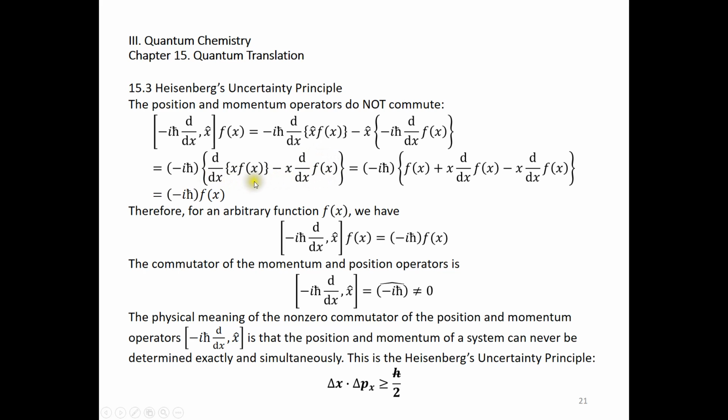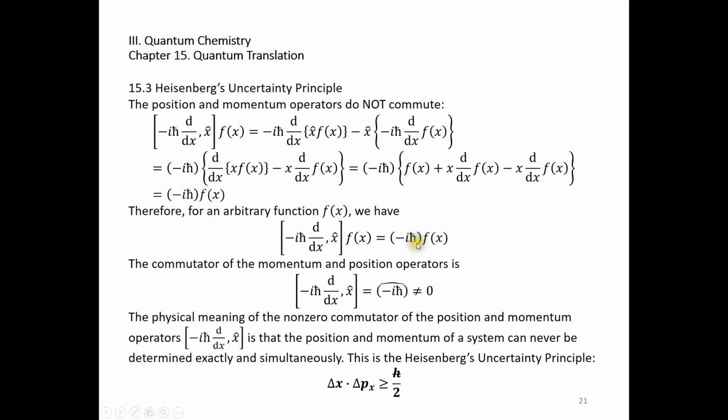So we need to use the product rule here. We get f plus x f prime, and then minus x f prime. In the end, we get negative i h bar times f. Again, when I say f prime, that's df over dx. f prime is simply a shorthand notation for the first derivative of f. Now, we can tell when we apply the commutator of the momentum operator and position operator to f, we didn't get 0.